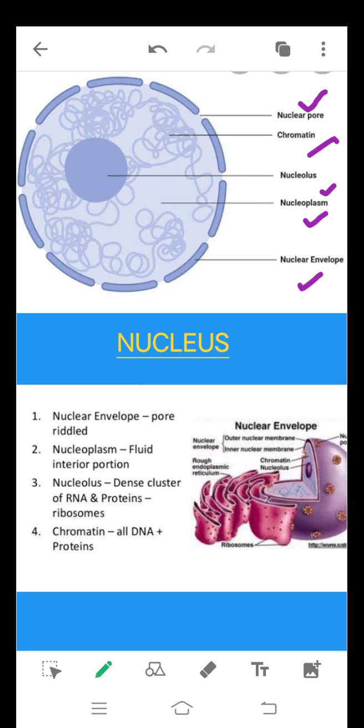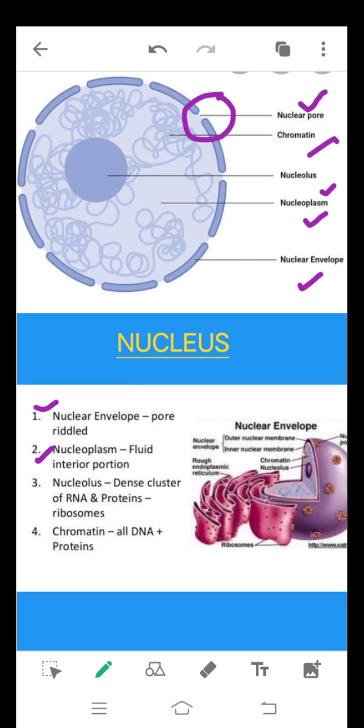The nuclear envelope is the outermost boundary or covering of the nucleus. This nuclear envelope has small pores in between, which are called nuclear pores. The nucleoplasm is the fluid interior portion. The nucleus is filled with the fluid part, which is known as nucleoplasm.